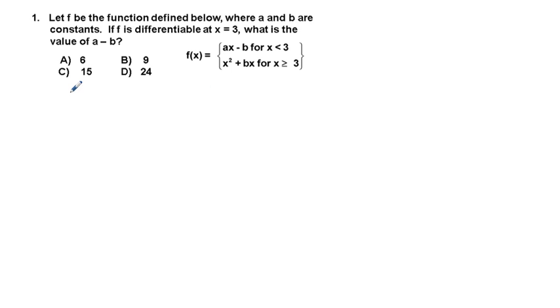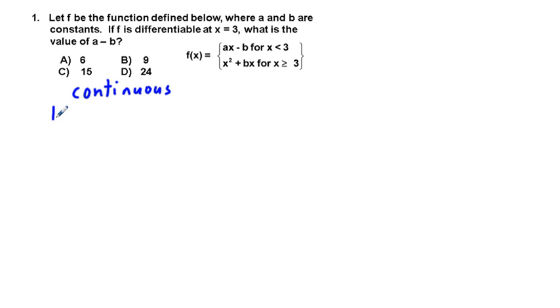Well, to be differentiable, we know that first a function must be continuous. And the function will only be continuous if the function exists, where in this case x equals 3, and the limit exists.